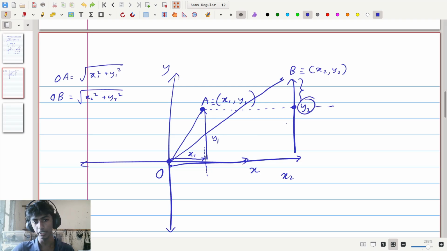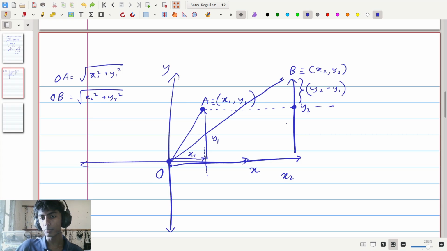You can clearly see from this level up to here is y1, from this level up to that level plus a little more is y2. So the difference of the two, the extra distance we have to travel, is y2 minus y1. So the vertical difference between B and A is y2 minus y1. Similarly, in the horizontal direction, from the origin up to this point, we have to travel a distance x1.